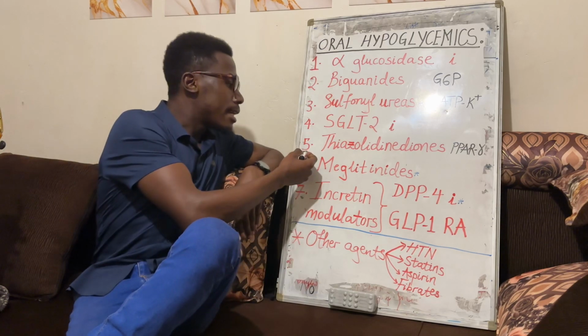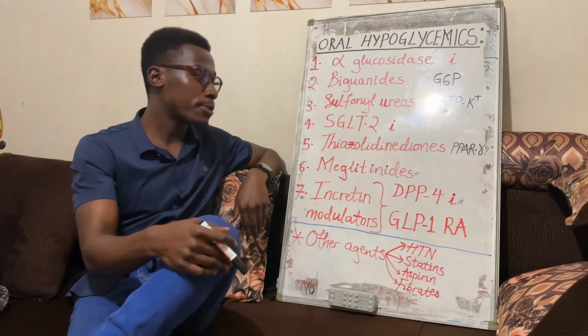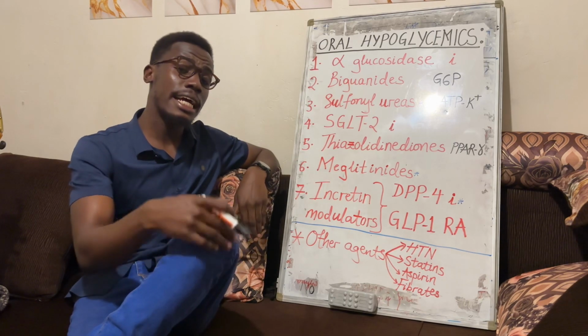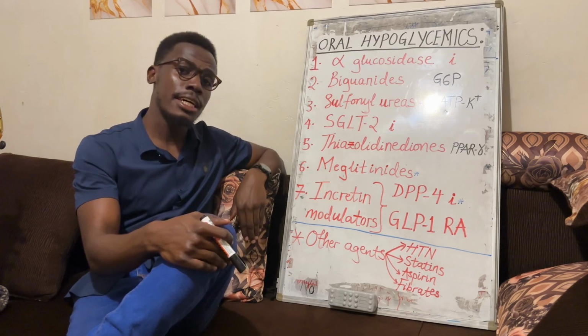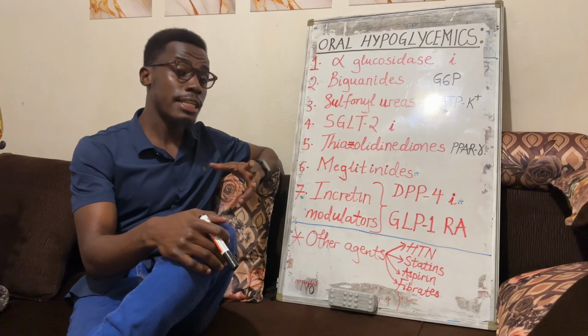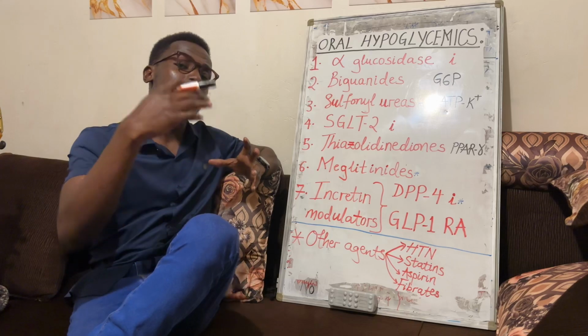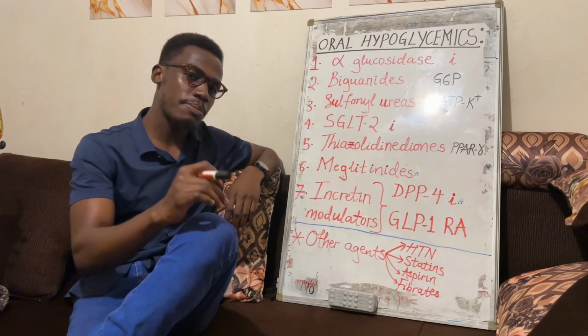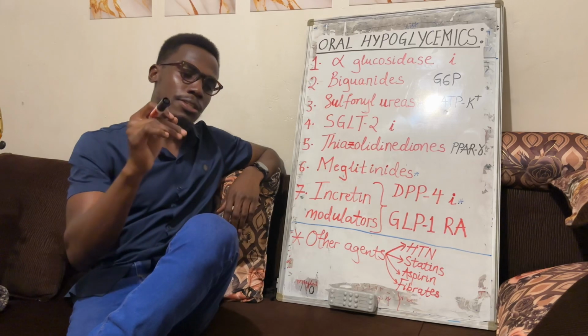Then the other is the thiazolidinediones, also called the glitazones. Now these drugs specifically help to improve the sensitivity of the peripheral tissues, including muscles, to insulin. And how do they do that? They upregulate or increase the number of receptors, specifically GLUT4 receptors in the muscle cells.